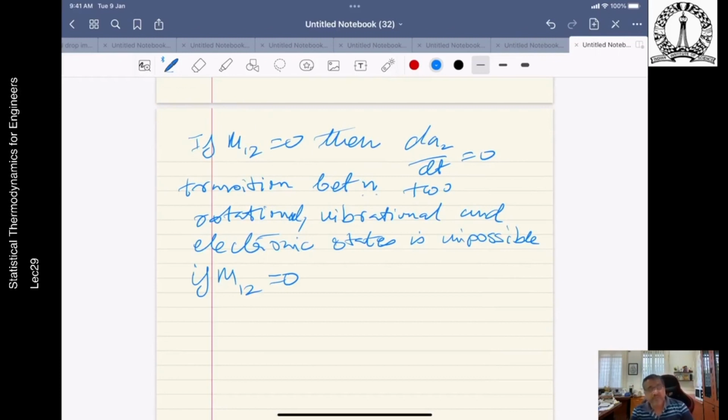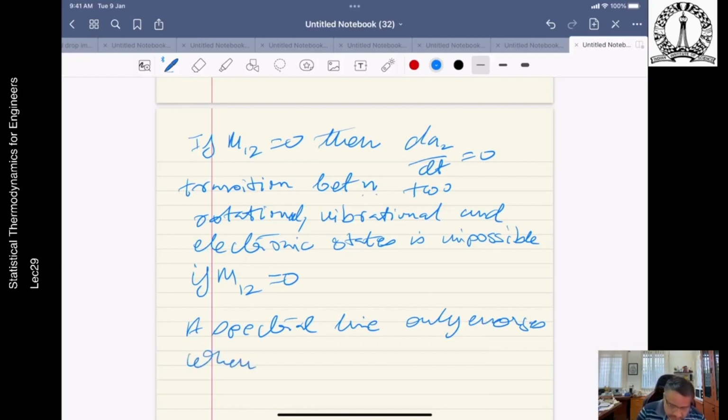In other words, if the transition dipole moment is 0, a spectral line only emerges when its transition dipole moment is non-zero.